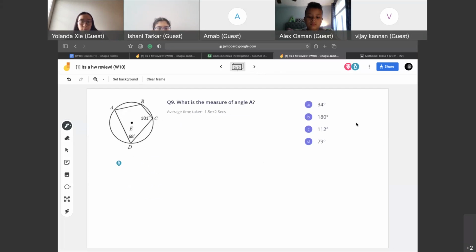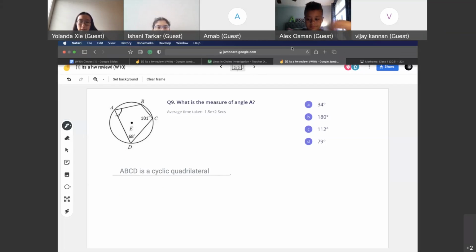Okay. Now for this one, what is the measure of angle A? Like it says helpfully right here, ABCD is a cyclic quadrilateral. So type in the chat, what do we know about cyclic quadrilaterals?